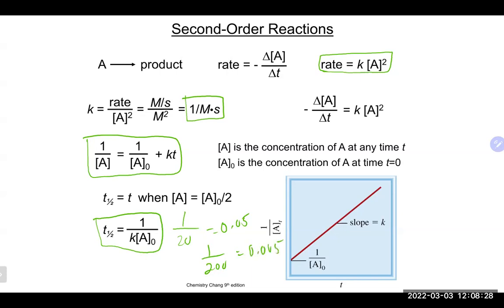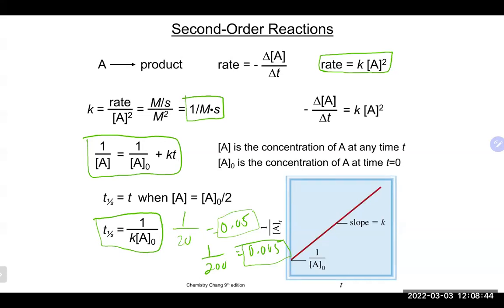So the smaller the concentration, the half-life is shorter. And this one is a lot faster. It happens a lot quicker in terms of time. So it is dependent on the initial concentration.